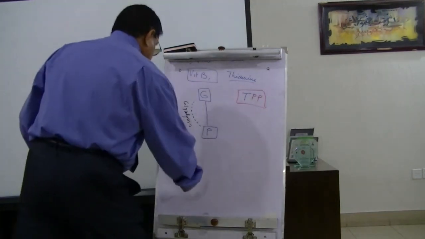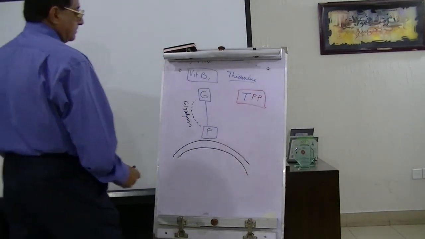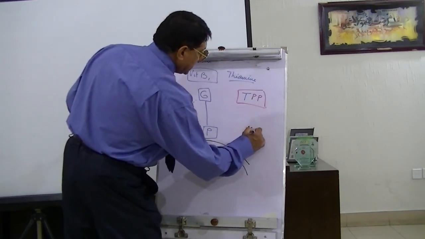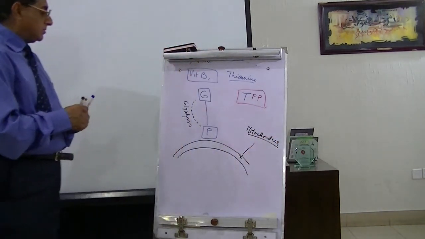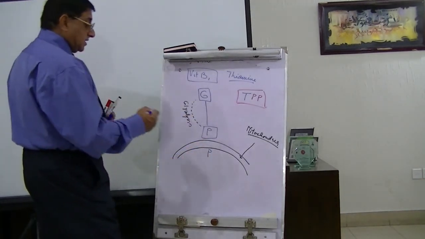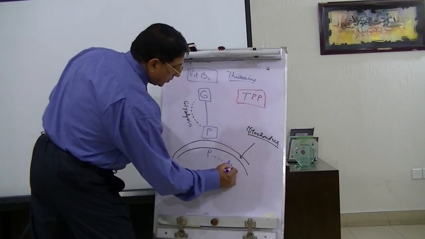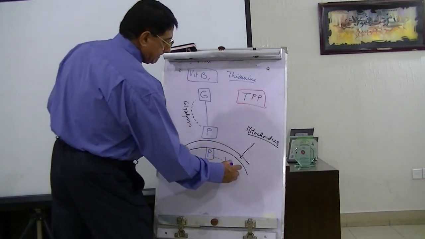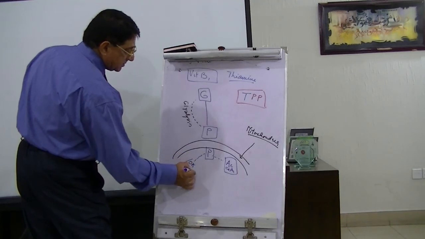Then this pyruvate enters mitochondria. This is mitochondria. Pyruvate comes inside. There it is converted to acetyl CoA, and it's also converted to oxaloacetate.